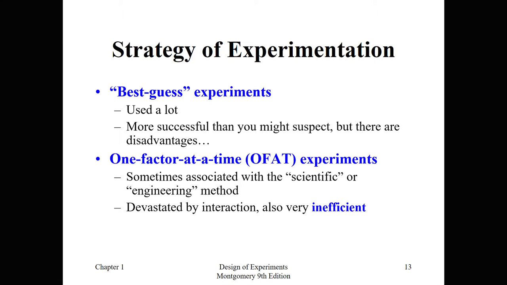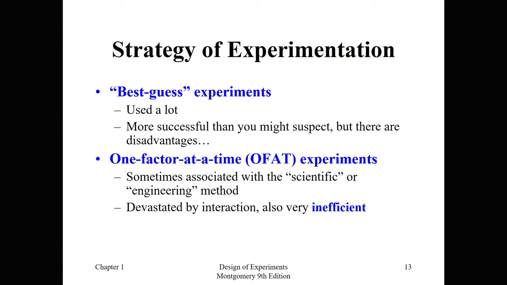That effect, incidentally, where one variable, say temperature, affects another variable, say how long I should cook the cookie, is called an interaction, and that really devastates the OFAT experiments. Another thing about the OFAT experiments that you may not consider, and really isn't clear until we get more into experimental design, is that they're very inefficient with the experimental units.